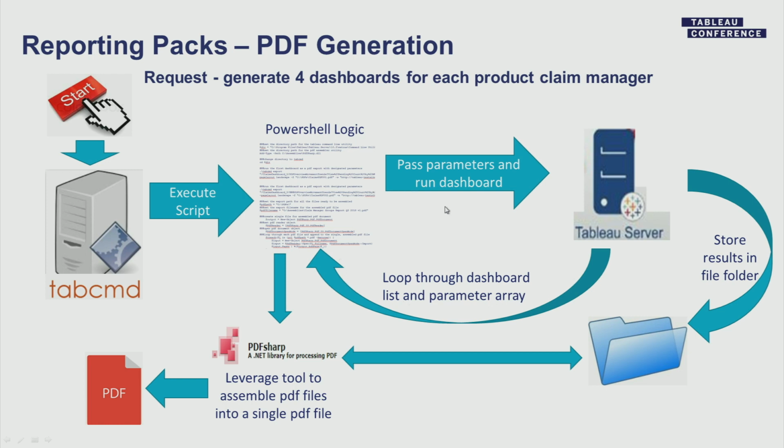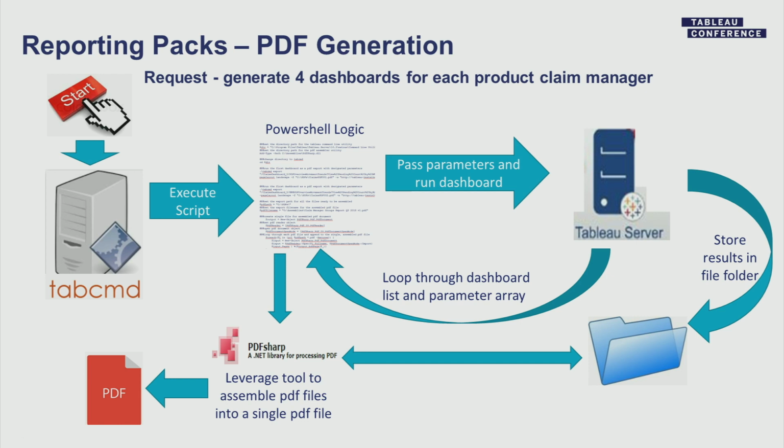Back to the script, find the next dashboard, go out, run it, and essentially keep looping through and generating all of these files and sticking them out in a folder, which is great. We have all of our PDFs that we need, but our North America claim lead doesn't want to look at 30 different PDF files. So in addition to that, the PowerShell script will go out, and we use this third-party adapter called PDF Sharp.